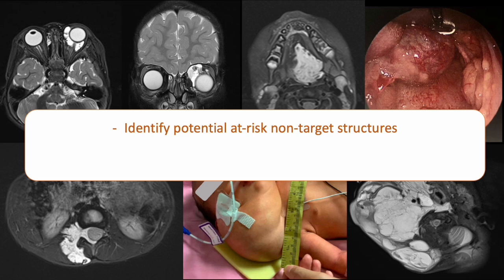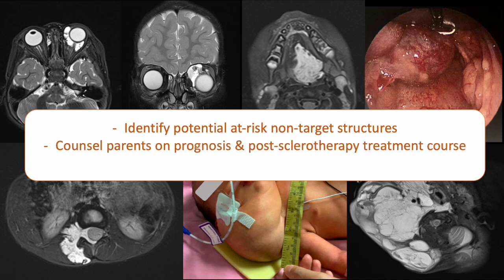For example, in the orbital slow flow malformation, it's important to outline the optic nerve, and to be aware that the optic nerve and, for example, the spinal cord can be injured or compressed during the inflammatory phase of sclerotherapy.